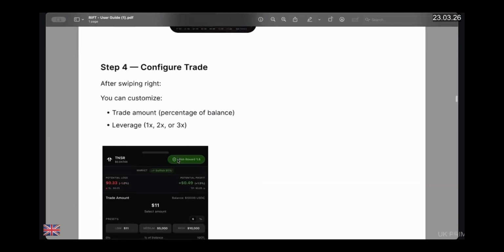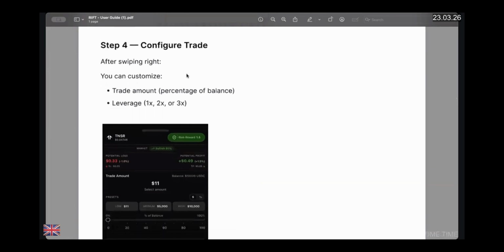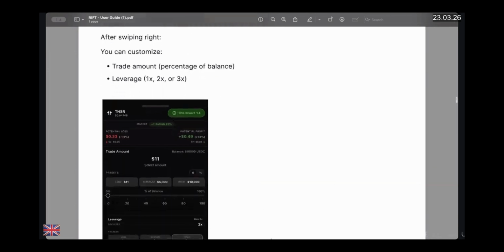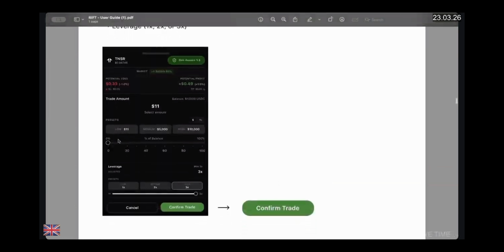Once you swipe right, you get the option to configure the trade. How do you configure your trade? You select the ticket size, the amount of the trade, where you can drag this bar, and here you select the leverage. The available leverage for that particular token will be presented here, and the highest is with Bitcoin, which is 40x.